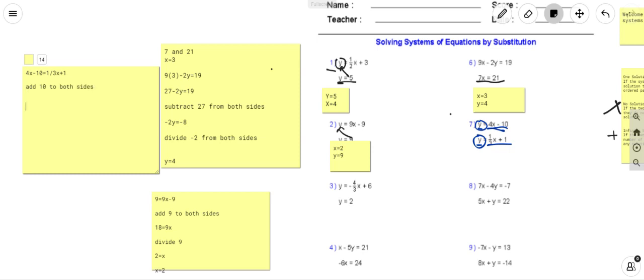Then we would have 4x equals 1/3 x plus 11. And we would subtract 1/3 x, so 3 and 2/3 x would equal 11.